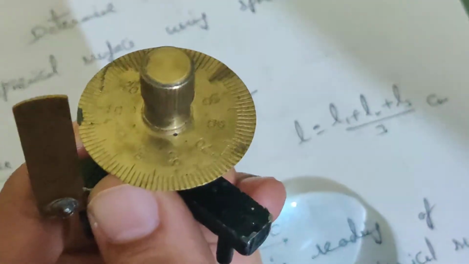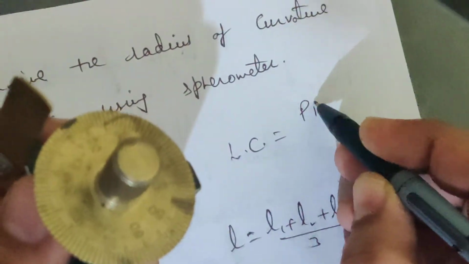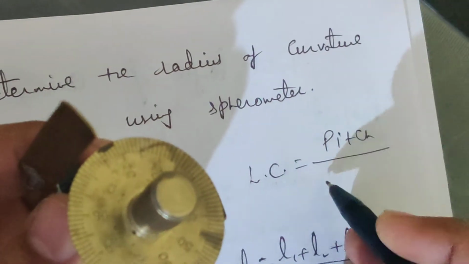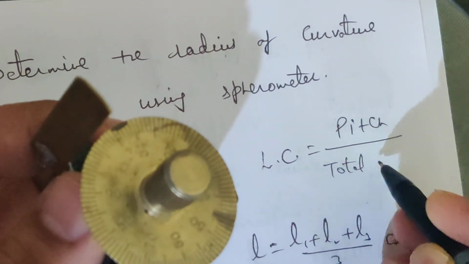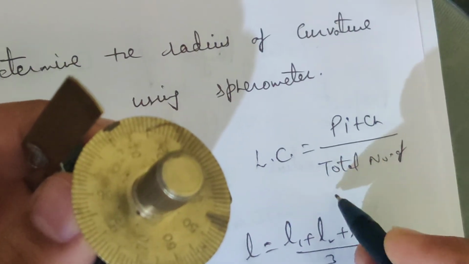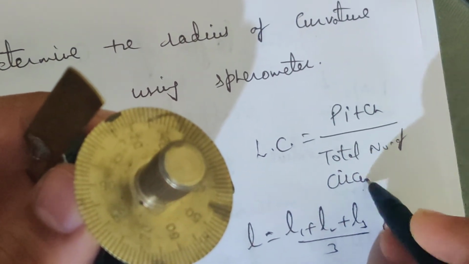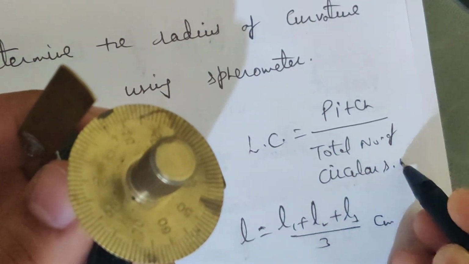So there is a formula for least count. What is the formula? You have already done it. Least count equals pitch over the total number of circular scale divisions. I have already explained this formula.